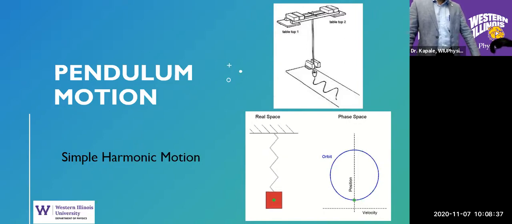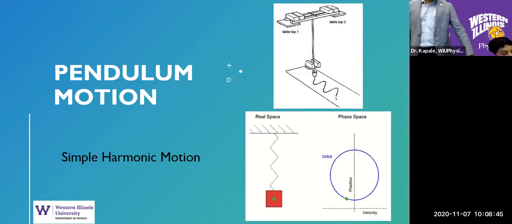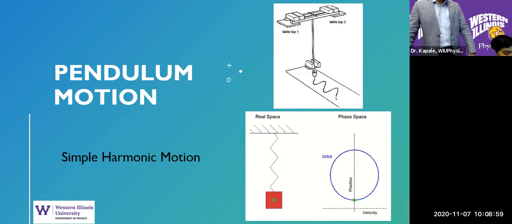On the second picture there, you have a block connected to a spring, and it's going up and down. Physics students will understand this concept of the phase space. We don't need to go into the details, but if you plot a graph of the position of that mass as it goes up and down versus its speed at different points, you can see that at the bottom, the speed is 0.